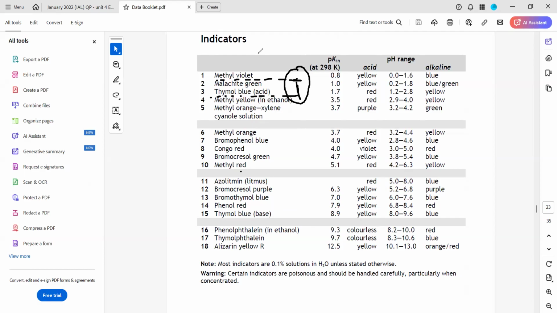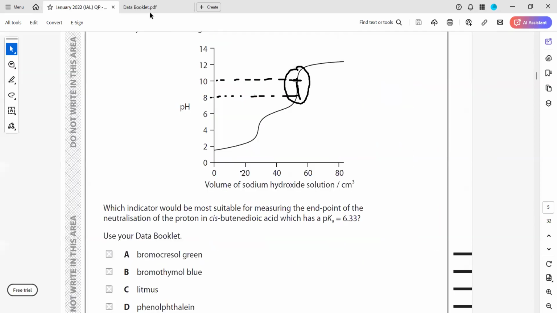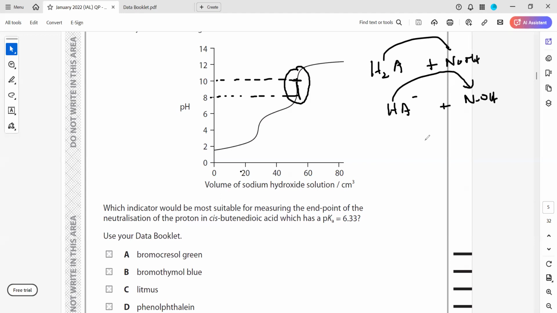Because it's a diprotic acid, which means it can donate 2 protons. Let's say the acid is H2A, reacting with sodium hydroxide. First it loses 1 proton and becomes HA minus, and then a second reaction happens. It loses another one.